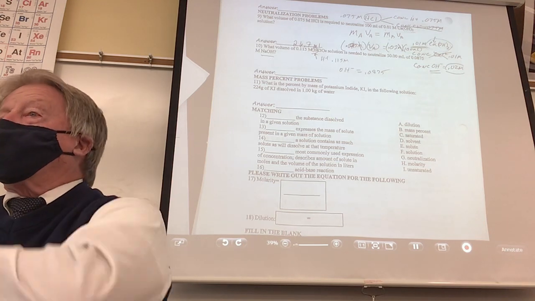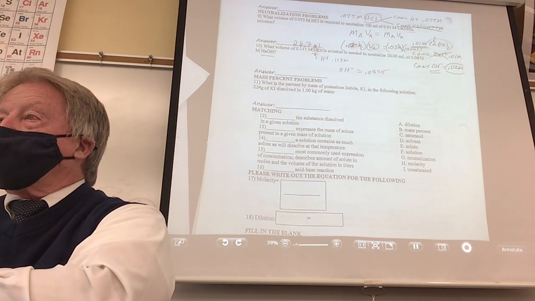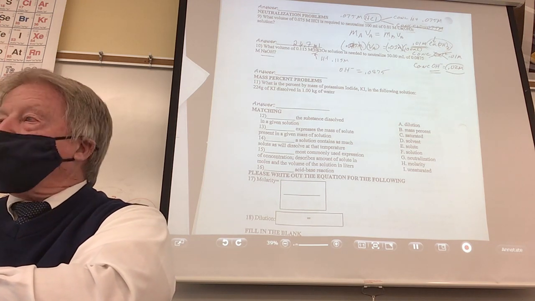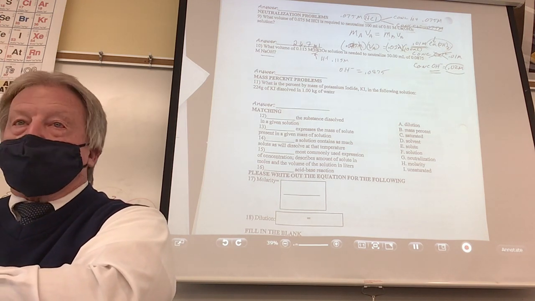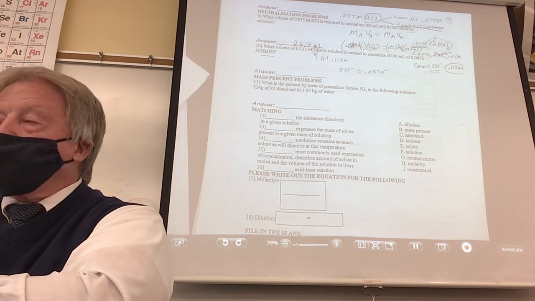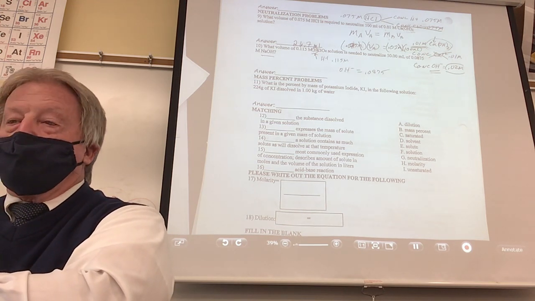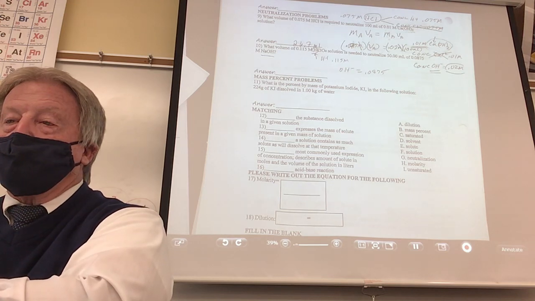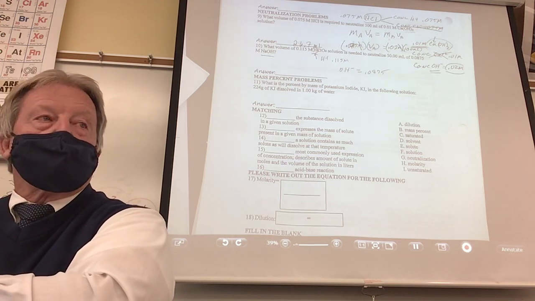Now remember, it's just kind of a throwback question because it has nothing to do with the moles or with molarity. It's just percent by mass. So they gave us that.